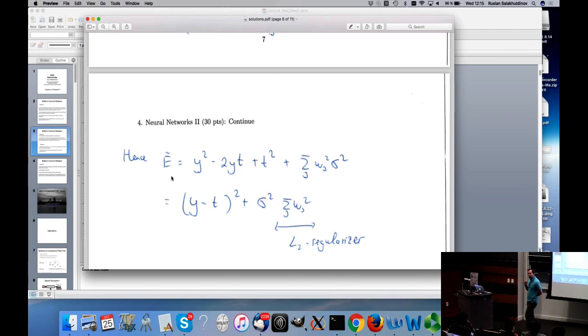In fact, using a similar technique, you can show that in linear regression, if you do dropout on the input space, it's also equivalent to doing L2 regularization in expectation.